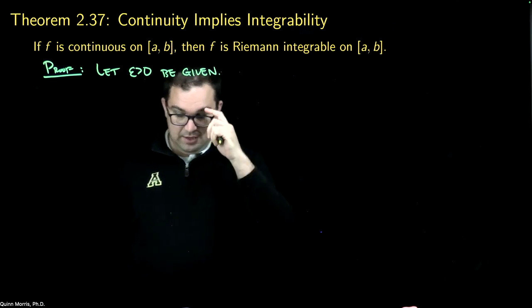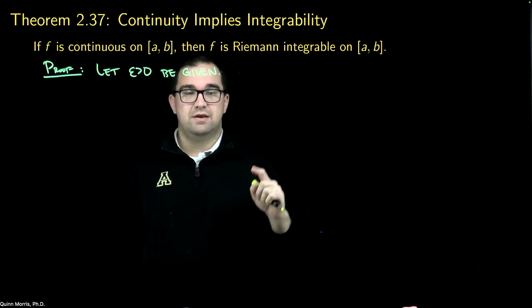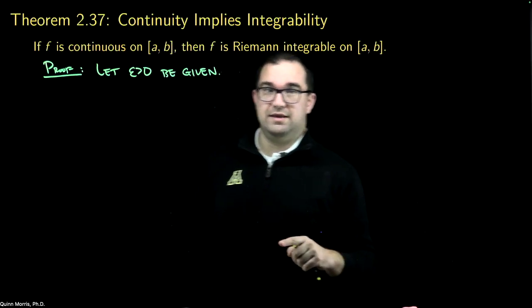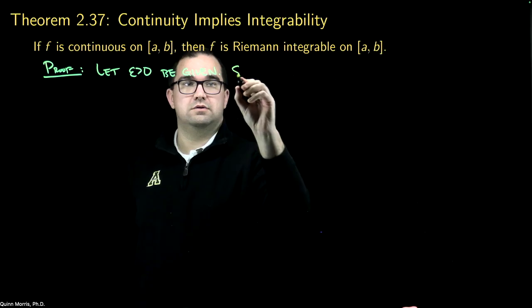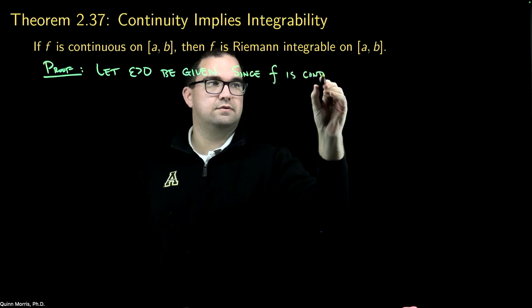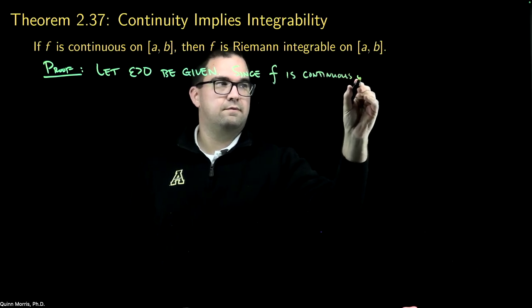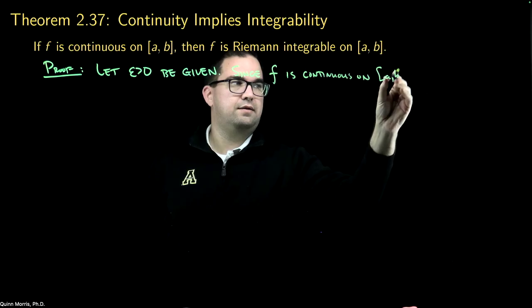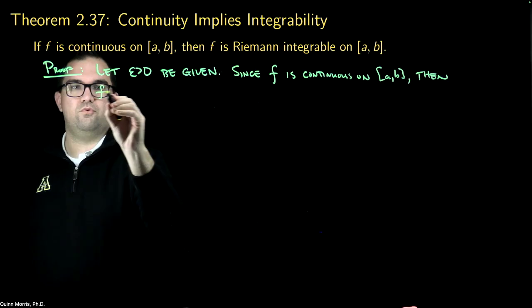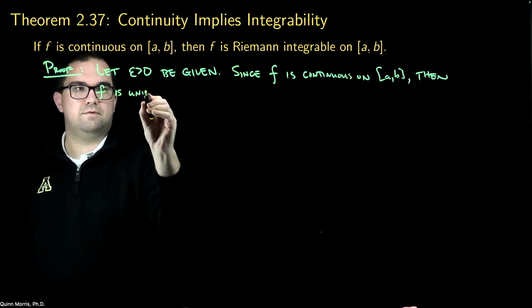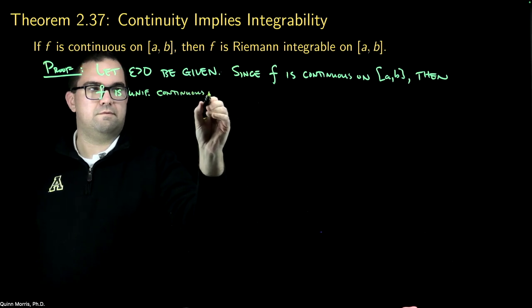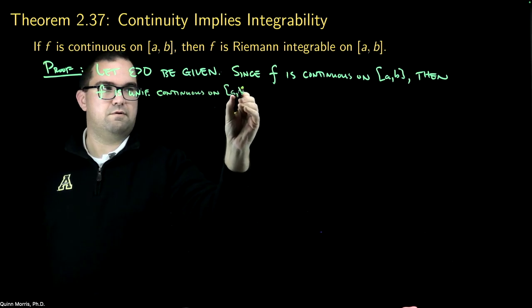Now, I'm going to start by using the fact that if f is continuous on this closed interval, then f is uniformly continuous on this interval. So since f is continuous on the closed interval [a, b], then f is uniformly continuous on [a, b].